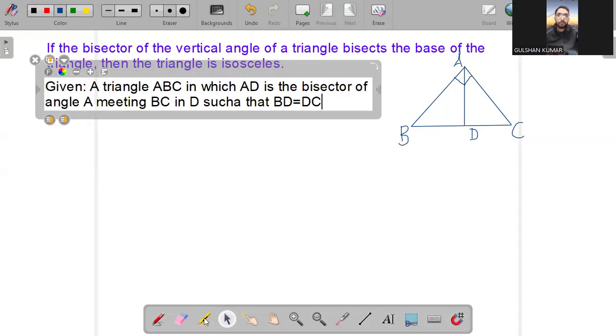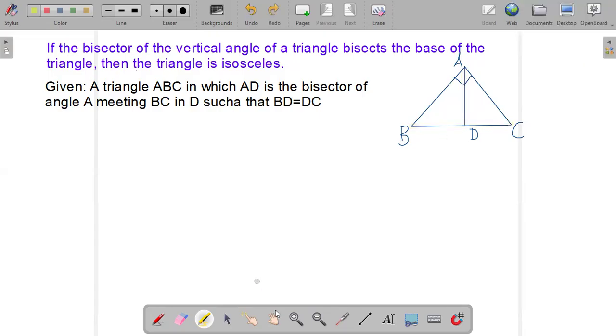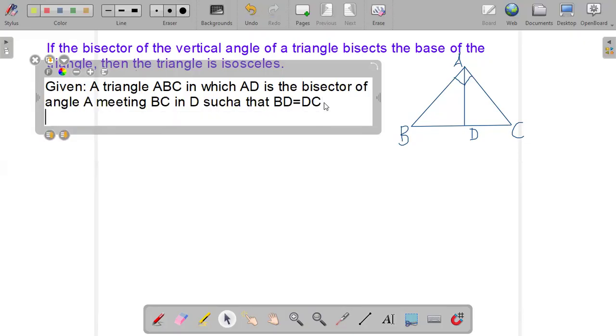Here we have BD equals DC because of this particular segment AD. AD bisects angle A as well as it bisects the base of the triangle, that is DC and BD. Both are at equal distance. Now we come to what we have to prove.